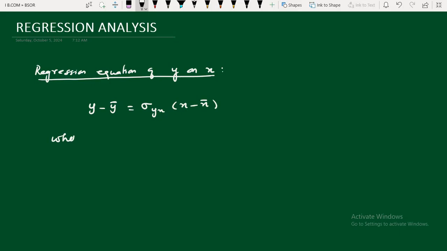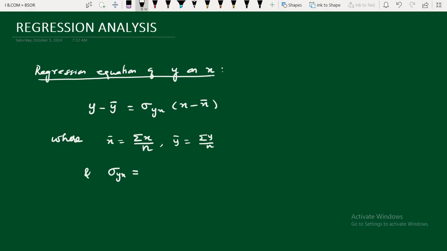That equation represents the regression equation of y on x, where x bar is the arithmetic mean of x, summation x by n, and y bar is summation y by n, and sigma yx is the standard deviation of the variable yx.